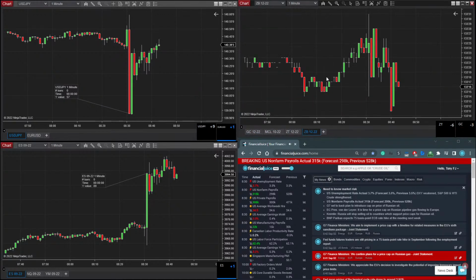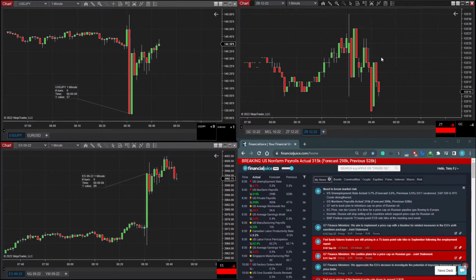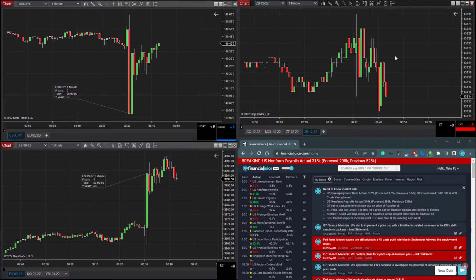So I think bond markets are trying to figure out, wait a minute, jobs data was better than expected, but it wasn't a blowout figure. So do we price in a 75 or do we price in a 50? I think that's where the confusion is coming into the bond market. You can see bond prices going down, with bond yields of course going higher in the expectation of a stronger rate hike.